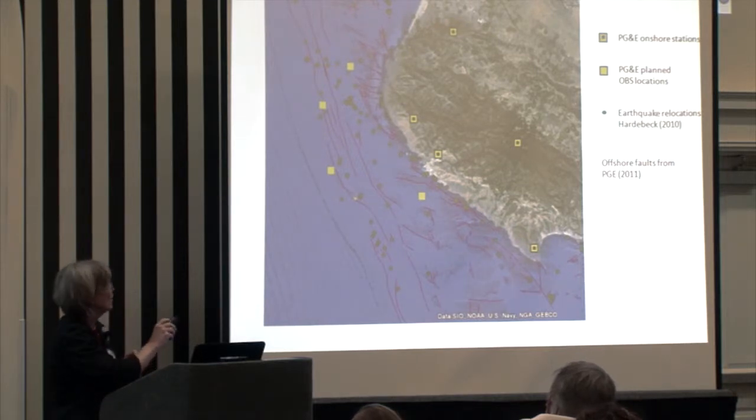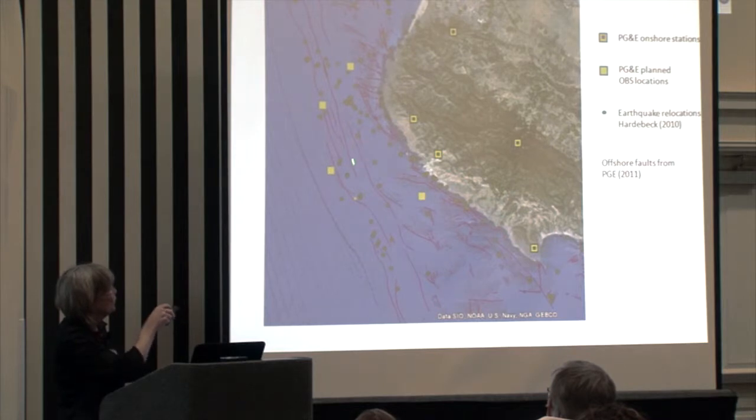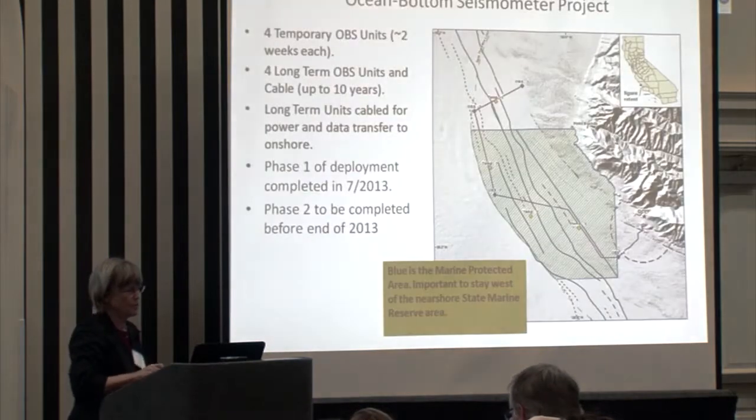So again, our main concern was what's going on with the shoreline fault zone as it approaches the Hosgri. So we put together this plan to have 4 different locations, and let me go to the next plot.